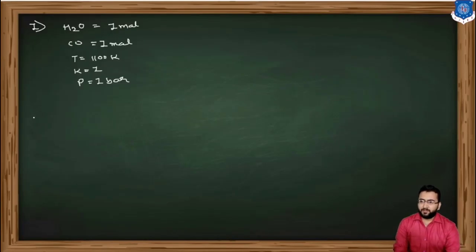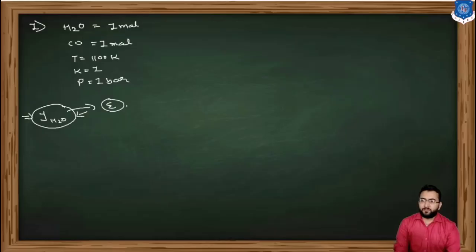To find the fraction of steam, we need Y of H2O. How can we find Y of H2O? First, we have to make the equation for Y of H2O in terms of epsilon, or rate of extent.